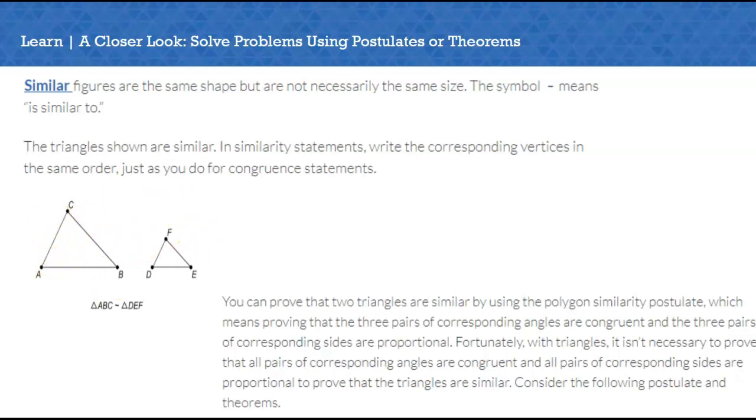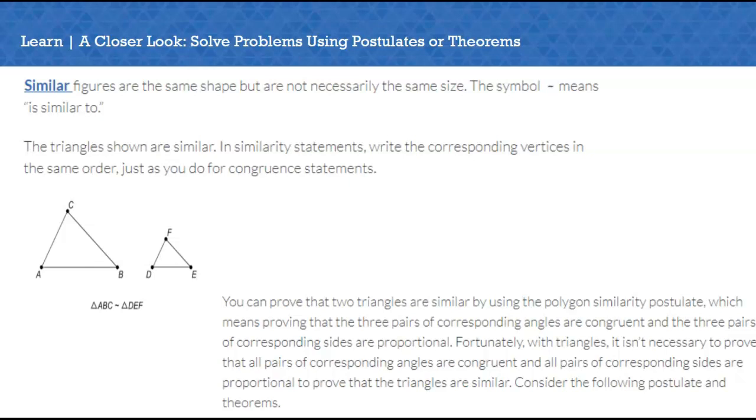Shown here are similar triangles. In similarity statements, we always want to make sure that the corresponding vertices are in the same order as you do in congruent statements. You can prove that two triangles are similar by using the polygon similarity postulate, which means proving that the three pairs of corresponding angles are congruent.